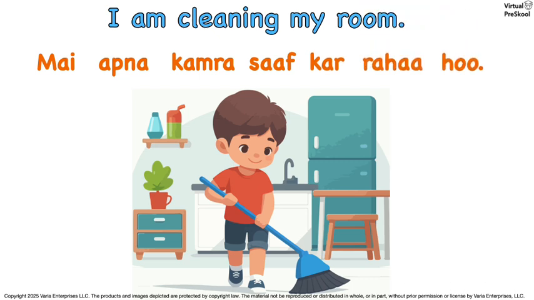Okay, कमरा is room and it's a singular masculine noun. साफ करना is a compound verb. So we have the word साफ and the verb करना. We chopped off the ना and we put रहा हूँ because it's a present continuous sentence being said by a boy. मैं अपना कमरा साफ कर रहा हूँ.